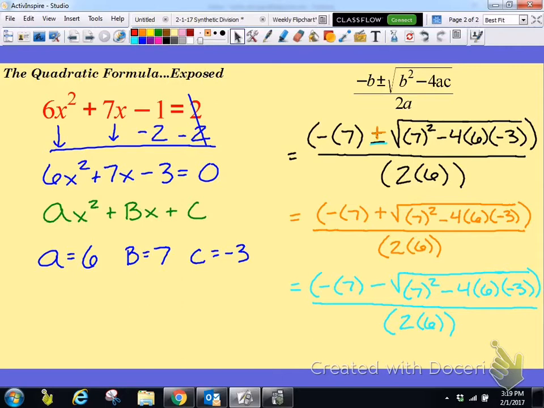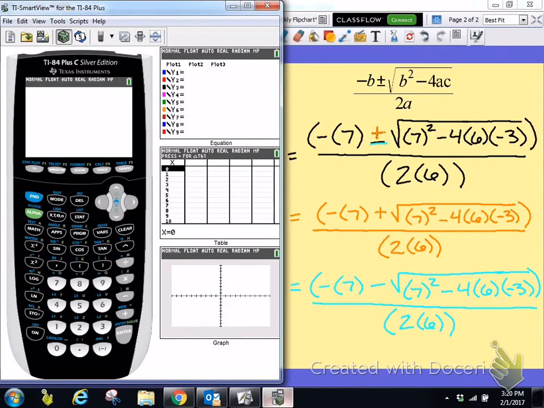Now that I have it written both possible ways, I'm going to use my calculator to help me determine the two answers that I should come up with. So we're going to start with our orange, the addition problem.